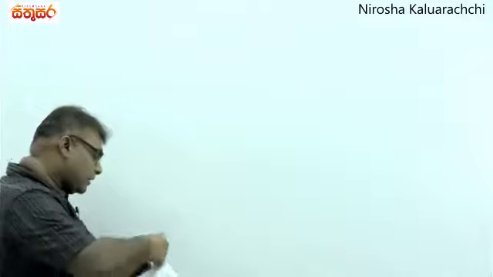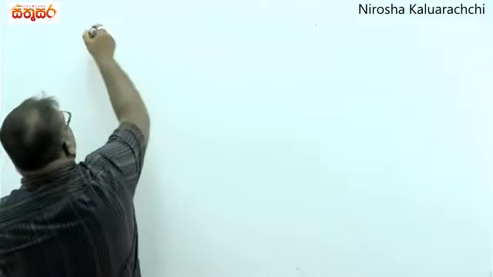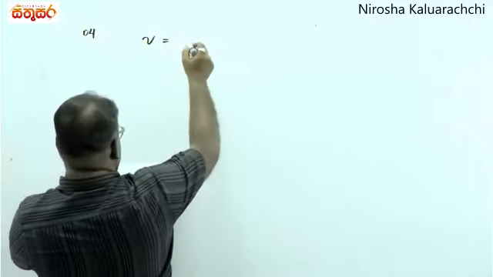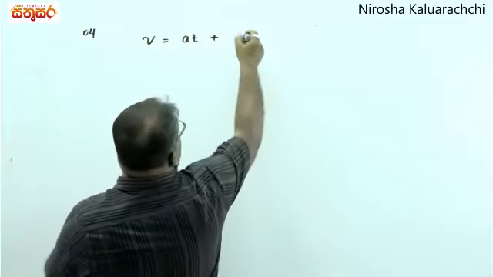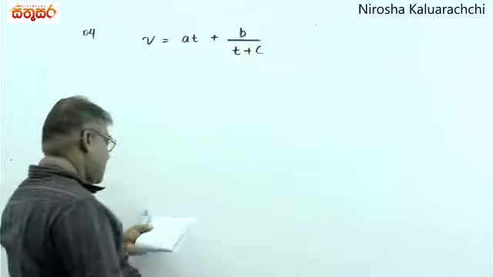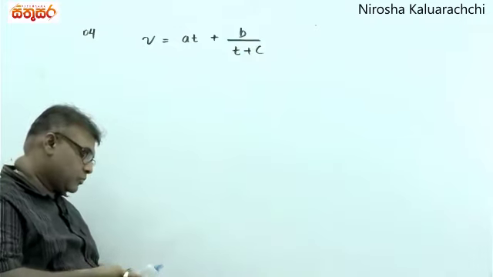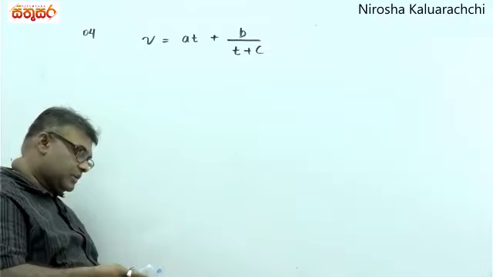Fourth question. The velocity v of a particle is given in terms of, question number 4, velocity is written as v equals a t plus b over t plus c, where t is time and v is velocity.